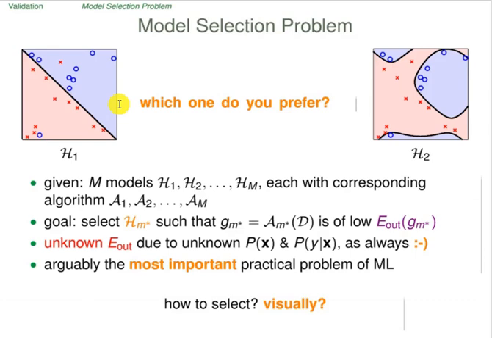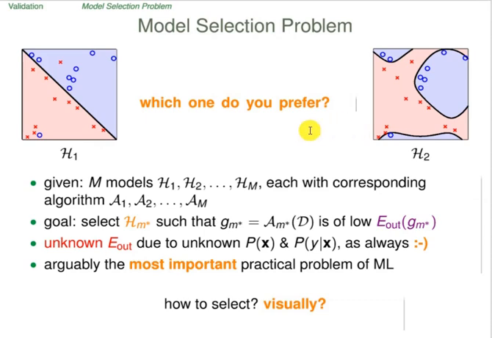For instance, take a look at the following two different models that were obtained on given training examples. The examples are non-linearly separable. As you can see, there are 2 points that cannot be separated by a linear function. Now the question is, which one would you prefer given two different models?